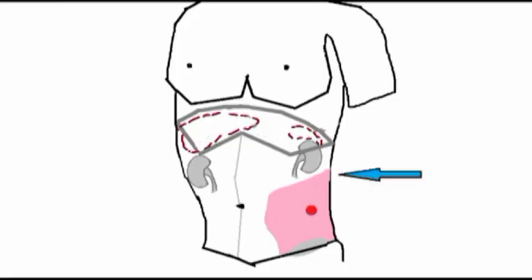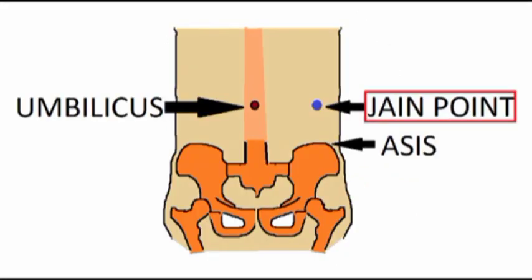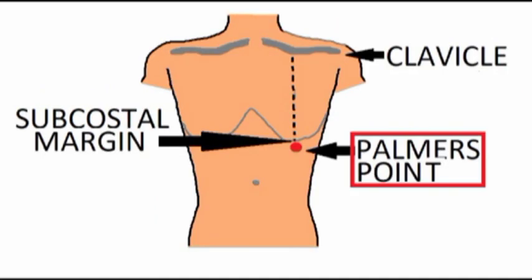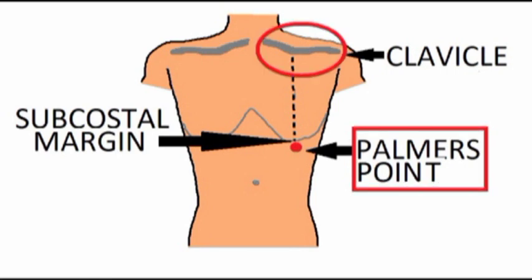Jain point entry is in almost organ-free and adhesion-free area. It is easy to locate because anterior superior iliac spine and umbilicus both fall in sterile area of surgical field. The location taken for Palmer's point are mid-clavicle and a subcostal area in which clavicle is outside the sterile field for surgery.